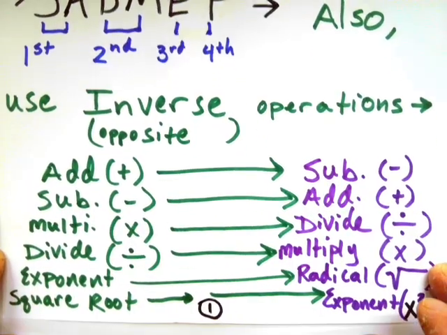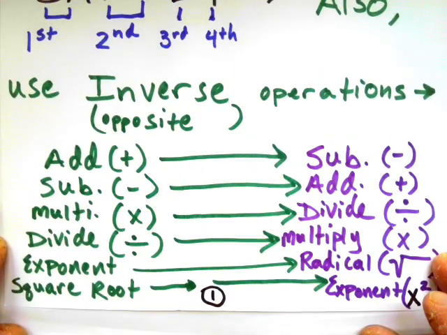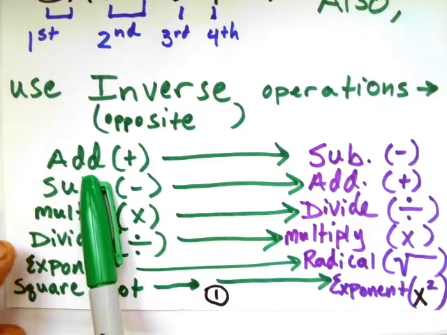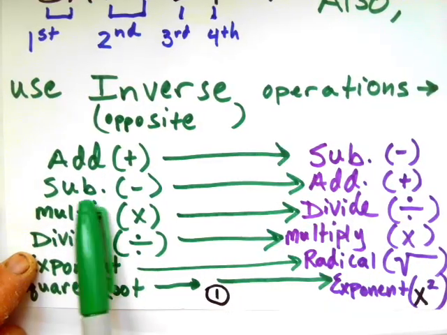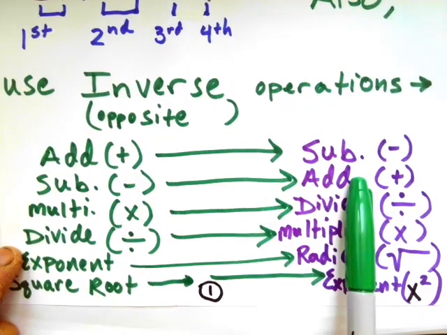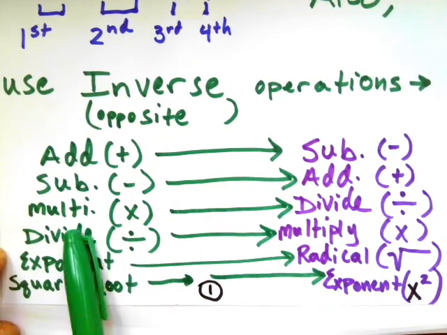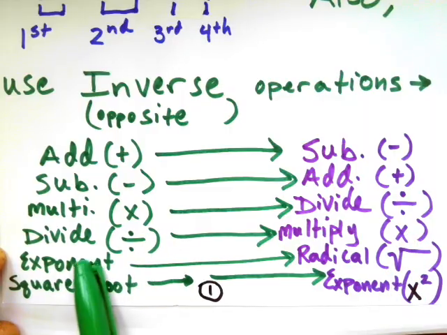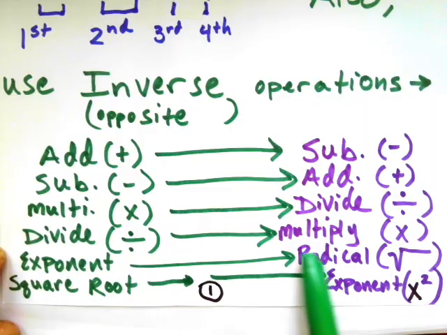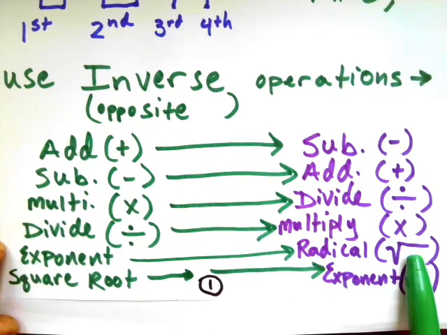So here are the inverse operations. Again, inverse, or the opposite of adding, is to subtract. The opposite of subtracting is to add. The opposite of multiplying is to divide. Opposite of divide is to multiply. The opposite of an exponent is the radical, or square root.